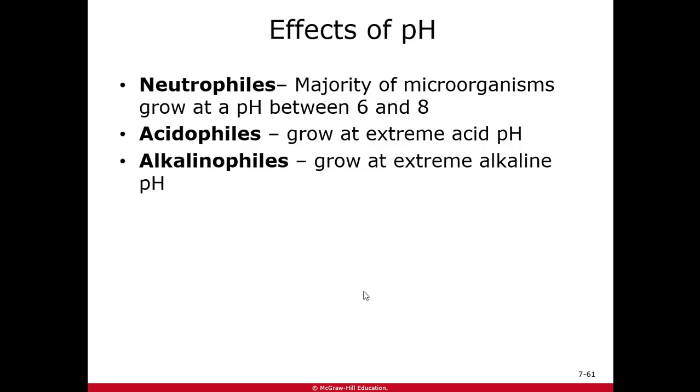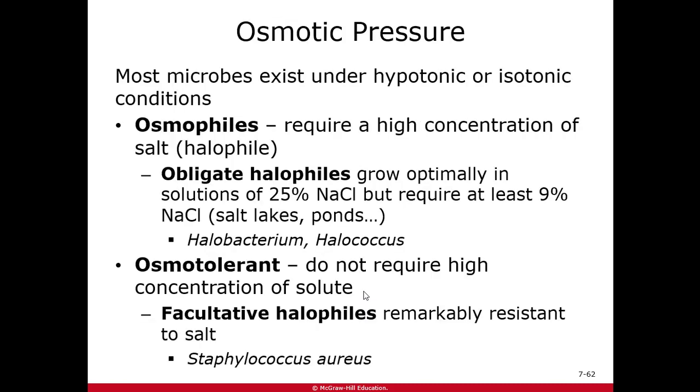Another factor is hypotonic or isotonic conditions. We're looking at what the water requirement is. Do they require a 100% water environment? Do they require a specific percentage of solute? Some, which we call osmophiles, require a higher concentration of salt. These are the ones that grow best in a salty environment.